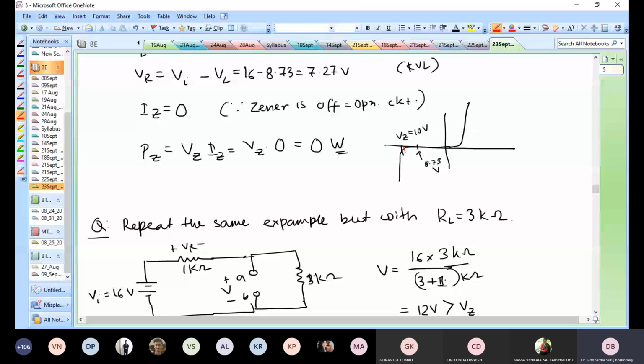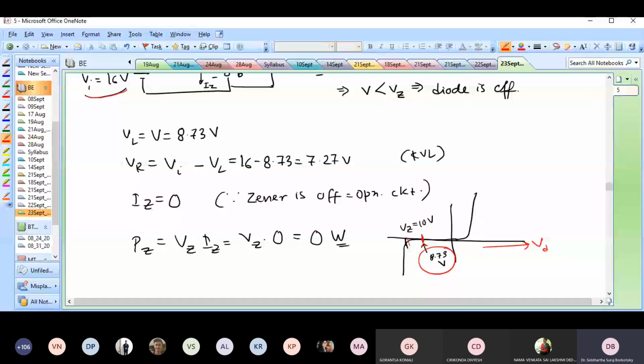For our previous example, the voltage across the diode was 8.73 volts. So I am operating in this particular region where I have approximately no current. Actually, I have some very small reverse saturation current, which we can ignore for most practical purposes. But other than that, I have nothing.